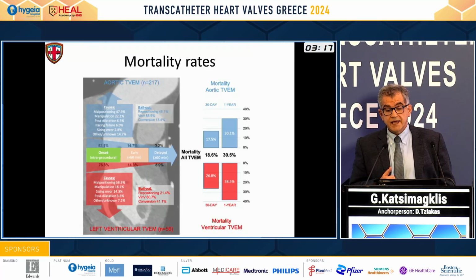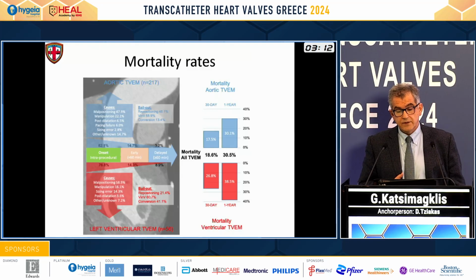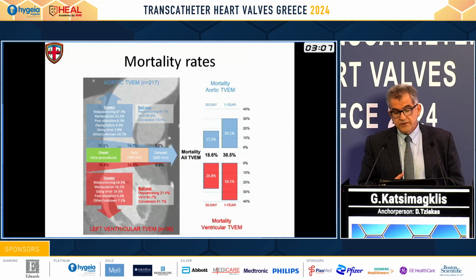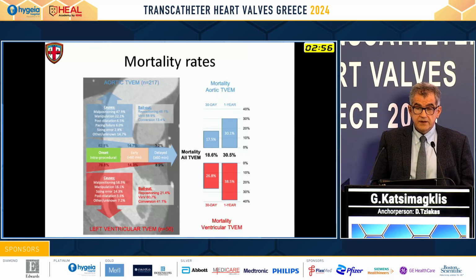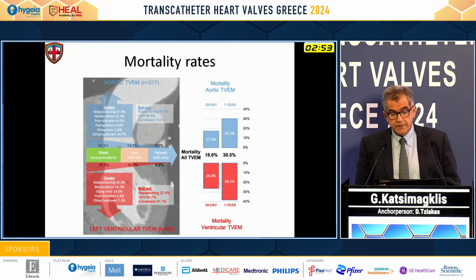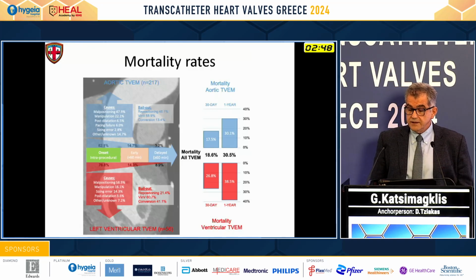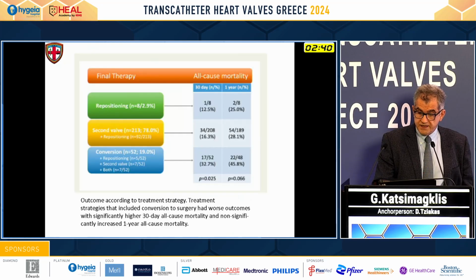Let's speak about the mortality rates. If the embolized valve goes in the aortic direction, the mortality rate is 17% at 30 days and 30% at 1 year. If the embolized valve goes in the ventricular direction, the mortality rate at 30 days is 27%, and at 1 year approximately 40%.